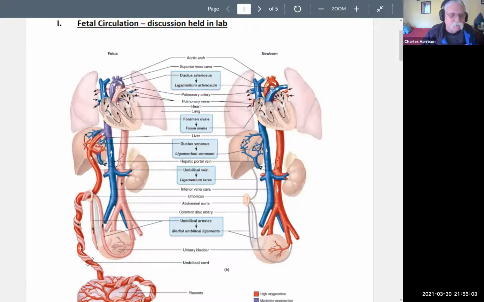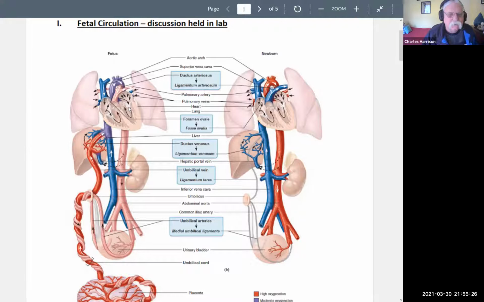Okay, because a lot of oxygenated blood is being diverted in the wrong direction. If the blue condition continues, in other words, it does not close up, then it may be necessary to do heart surgery to close it up.